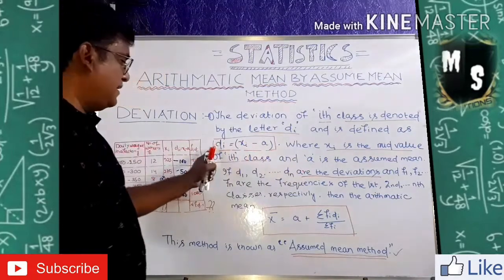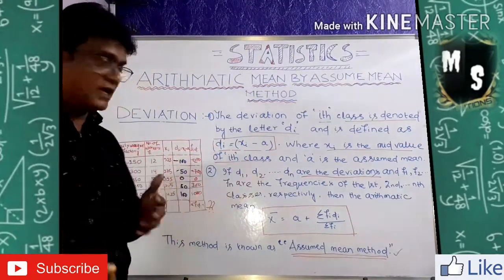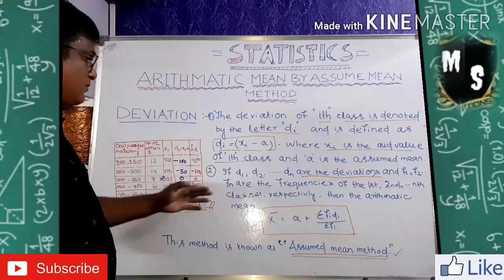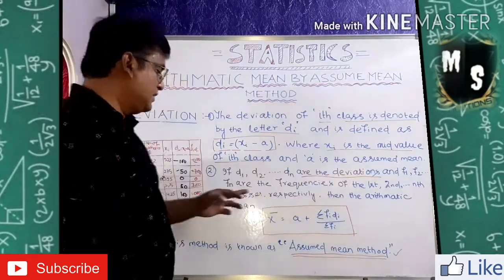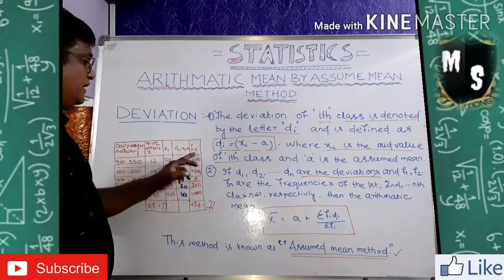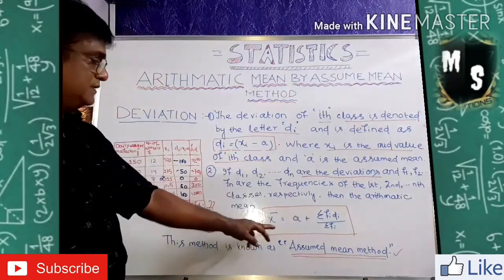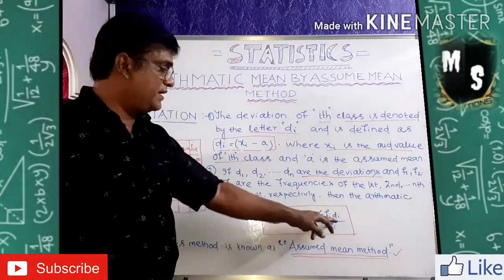After this xi and di, the corresponding deviations will come like d1, d2 up to dn, and the frequencies will come f1, f2 up to fn. Multiply them to get the fi di column, because you need it in the formula x mean is equal to A plus sigma fi di by sigma fi.